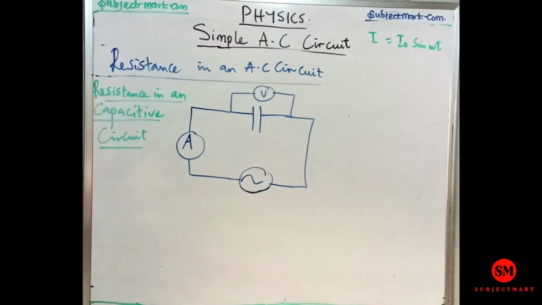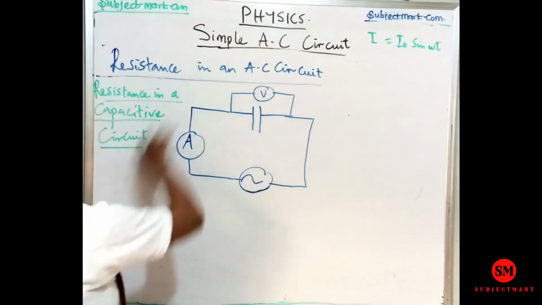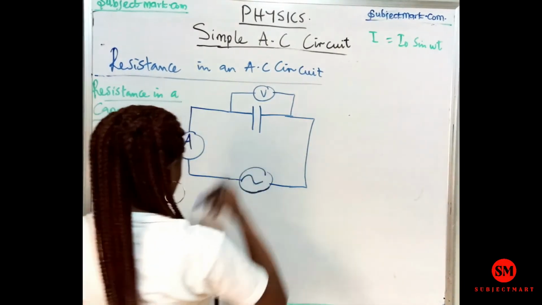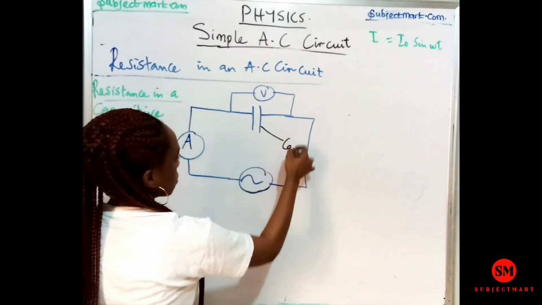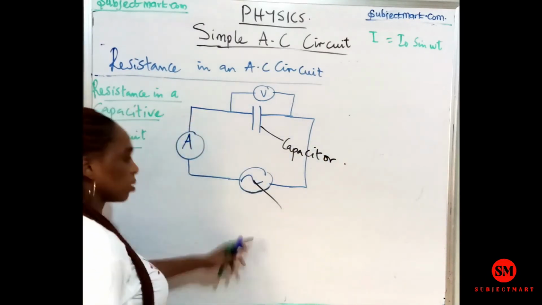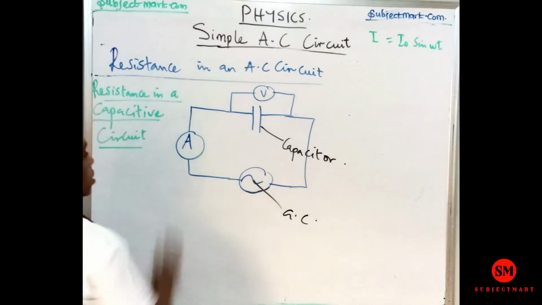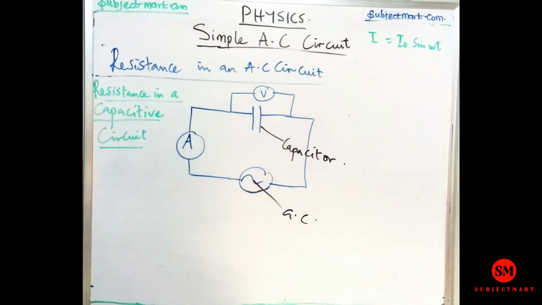Resistance in a capacitive circuit, like what we have, this symbol here represents a capacitor. Like I said earlier, this represents alternating current. This is the ammeter, this is a capacitor, and this is a voltmeter.